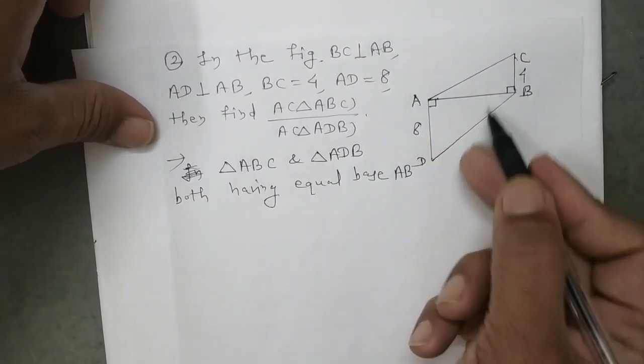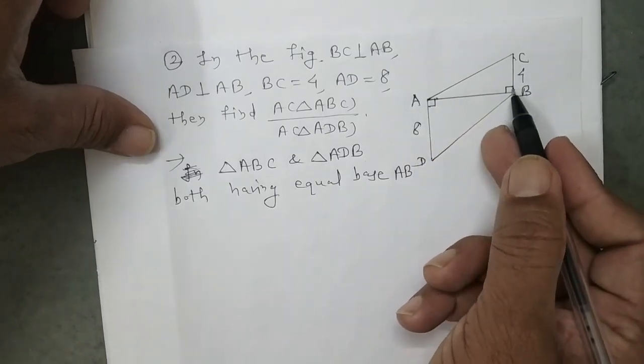That is, these two triangles having equal base AB.